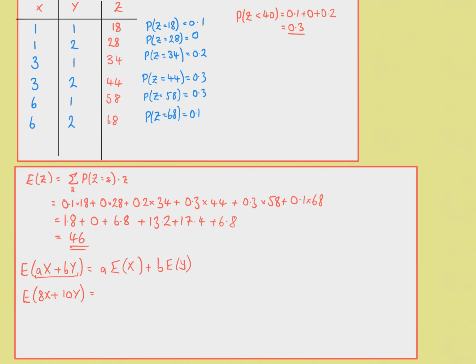So we'd hope to verify that the expectation of z, which was our 8x plus 10y, is equal to 8 times the expectation of x plus 10 times the expectation of y. Now remember from our previous score, this would be equal to 8 times 4 plus 10 times 1.4. 8 times 4 is 32, 10 times 1.4 is 14, 32 plus 14 is equal to 46. So we've shown that our identity holds here.